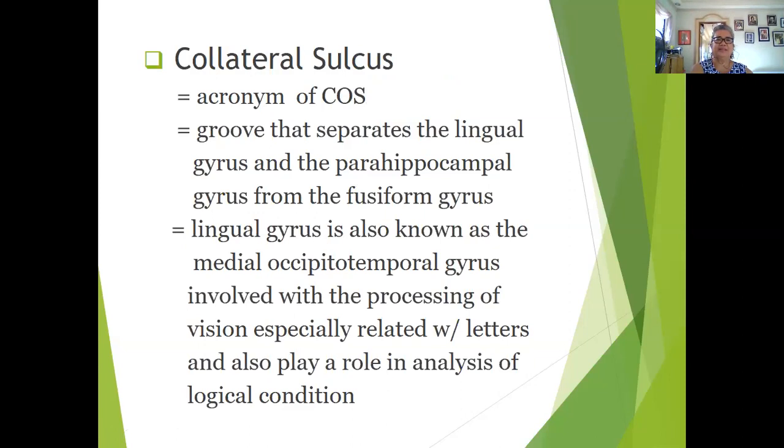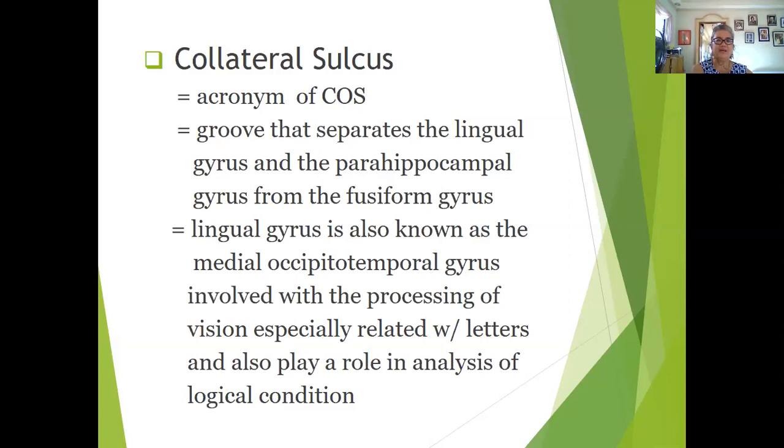Then you have the collateral sulcus, or with an acronym of COS. This groove separates the lingual gyrus and the parahippocampal gyrus from the fusiform gyrus. So this is seen in the medial surface of the cerebrum, and it is in the temporal lobe on the medial surface.